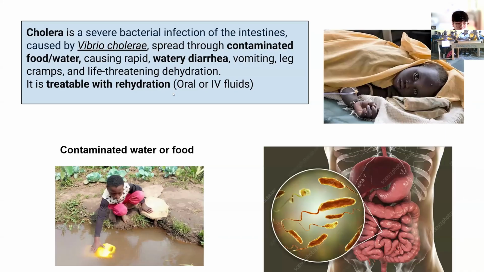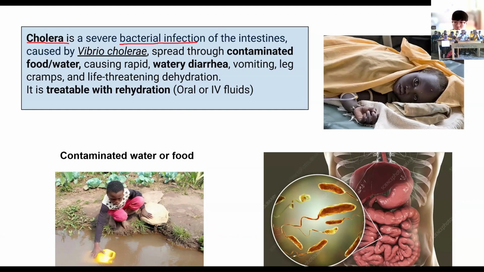So before, what was not a deficiency disease was cholera. And we've seen that cholera is a bacterial infection and not a deficiency disease. It's caused by this bacteria called Vibrio cholerae, and it's spread through contaminated food or water.